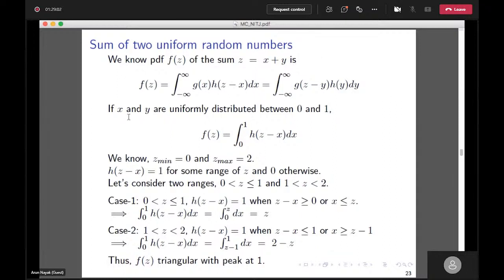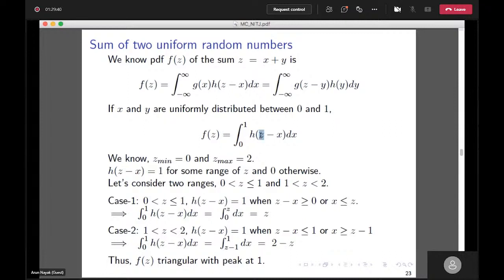Now if x and y are uniformly distributed between 0 and 1, then g of x is 1, h of y is 1. So we can write f of z as the integral from 0 to 1 of h of z minus x dx. For z minus x, we have to see what is the value of h for a given z minus x, because z will go from 0 to 2. If x and y go from 0 to 1, z goes from 0 to 2.